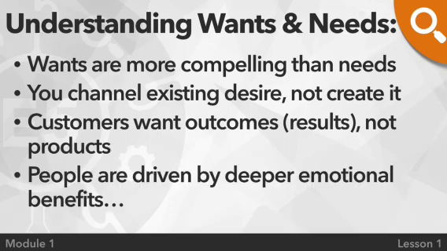Now, in line with this, you need to understand that prospects, people in general, are driven by deeper emotional benefits. There are deeper emotional needs that we have as individuals that sometimes are unspoken, not necessarily the surface-level benefits or emotions that we talk about, but we are driven by them when making investments and purchasing decisions.